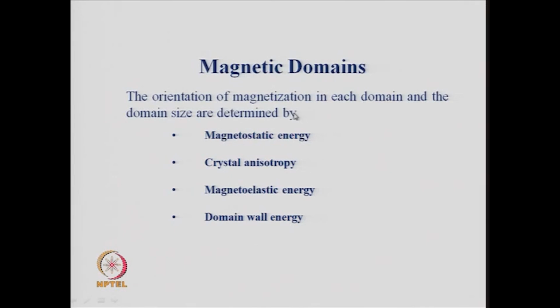The orientation of magnetization in each domain will be determined by the magnetostatic energy, as we mentioned, but it will also be determined by many other factors. They are the crystalline anisotropy.